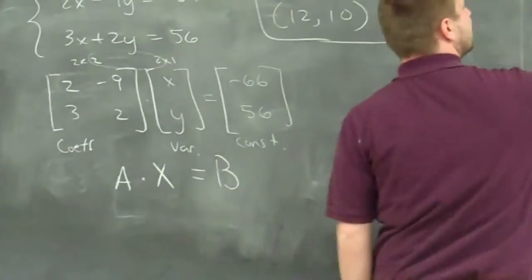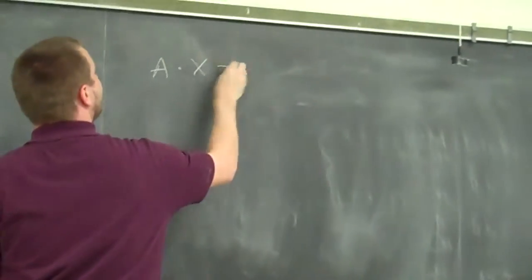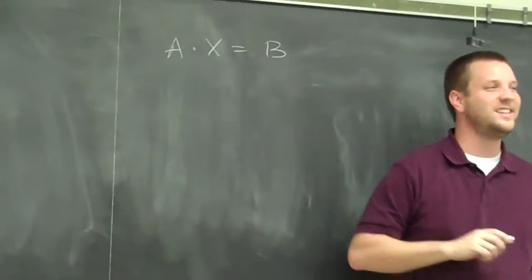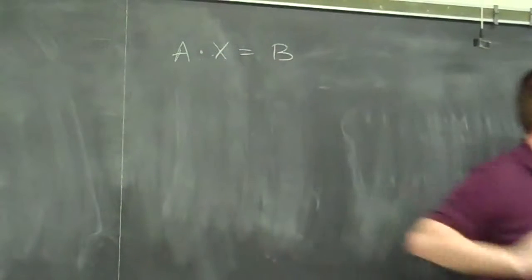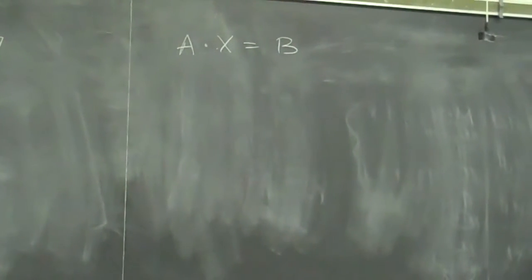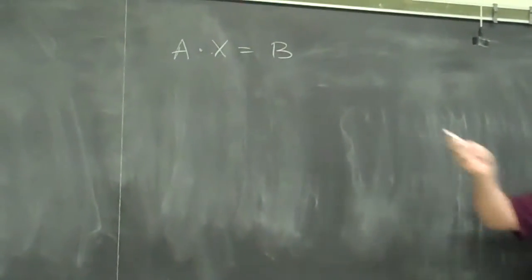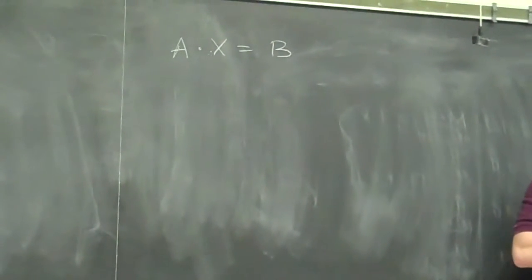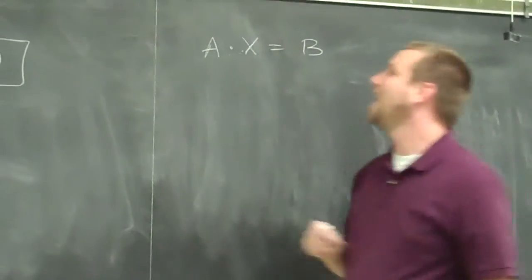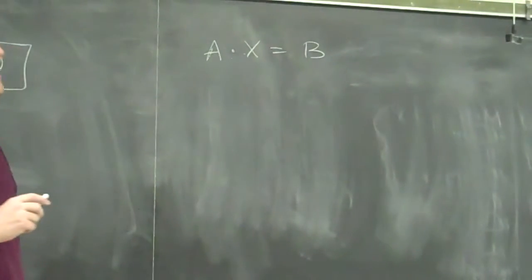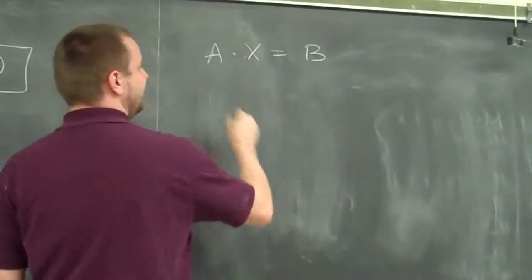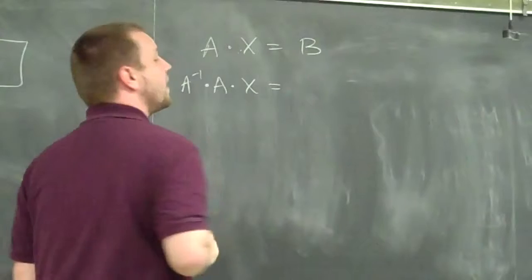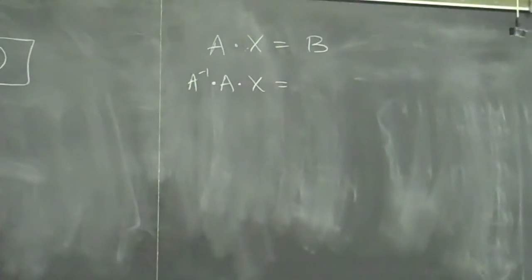So suppose I wanted to solve this thing for X. Isn't this the same thing as this? So how do I solve for that X? Remember, there's no such thing as division, right? There's no such thing as 1 over A. Now, matrix multiplication, the order matters.